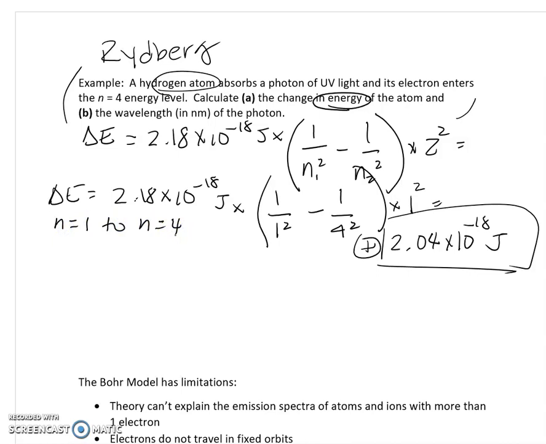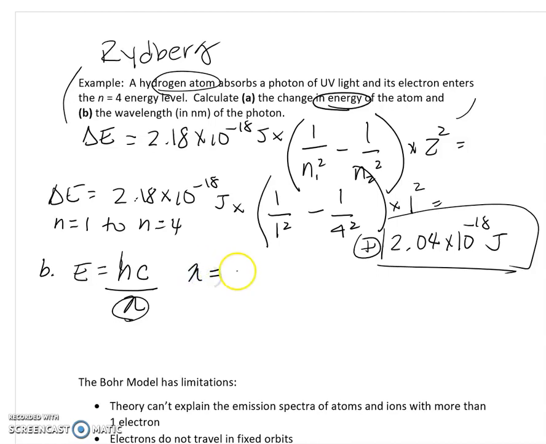Now part B asks what is the wavelength in nanometers of the photon. So if we look at part B, our formula is going to be E equals Planck's constant times the speed of light, all divided by our wavelength. We want to solve for our wavelength. We have our energy now from the previous example, so we're just going to rearrange.